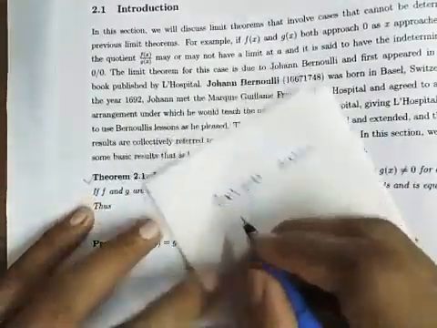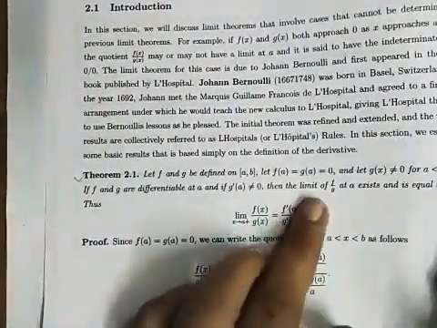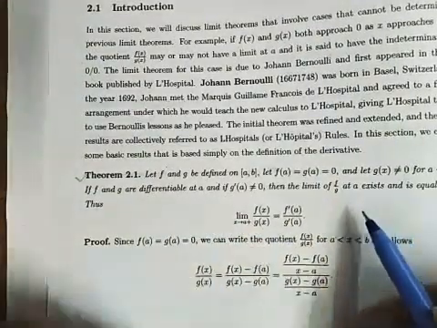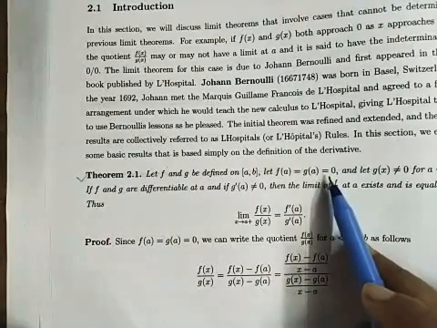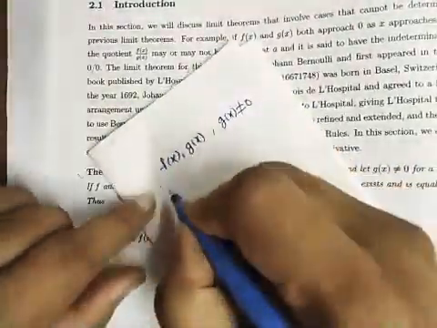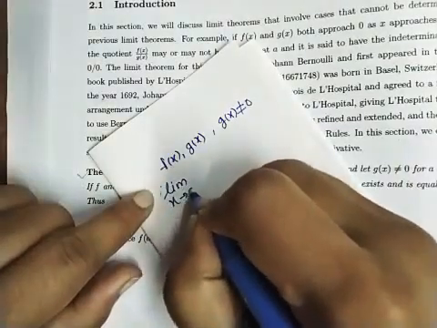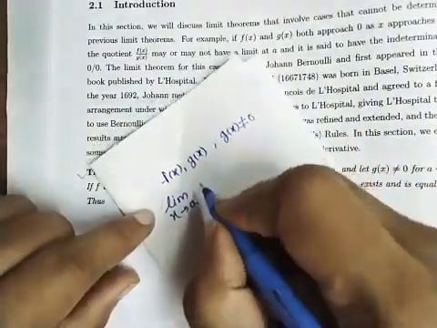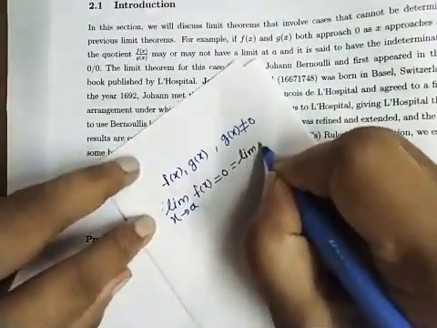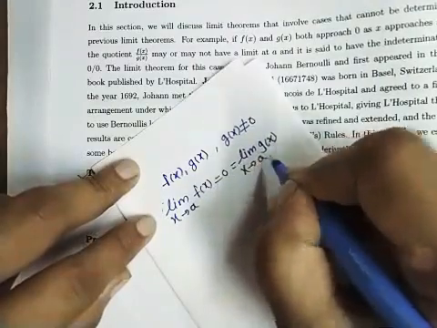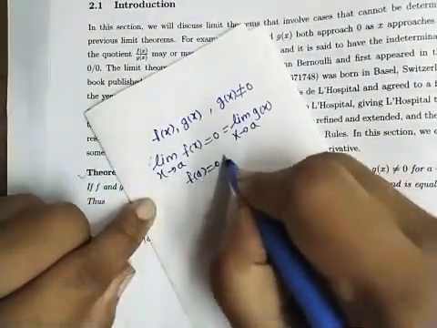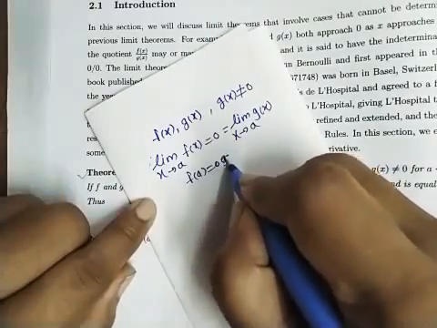If the limit of f upon g at a exists, and f and g both are 0, that is, the limit as x tends to a of f(x) is 0 and the limit of g(x) as x tends to a is 0, that is f(a) is 0 and g(a) is also 0.